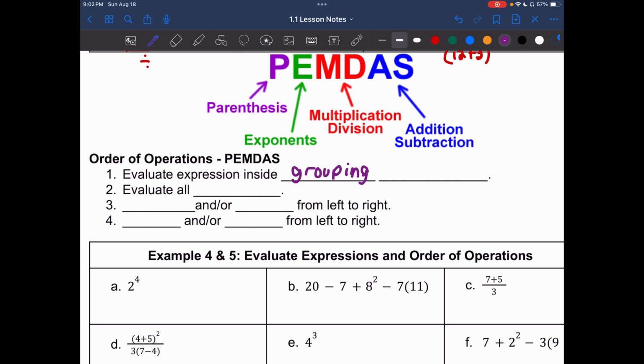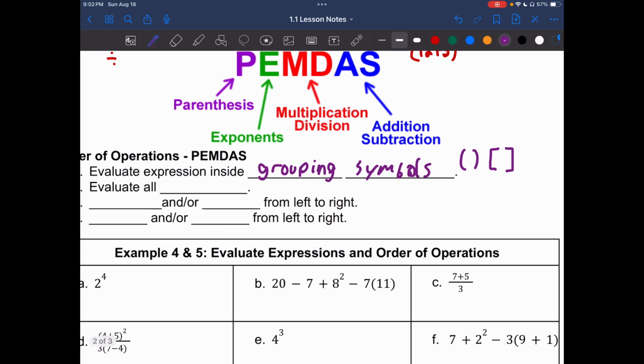And now why do I specifically say grouping symbols and not just say parentheses? Well, because you could have parentheses, you could have brackets as a possibility. You could also have a fraction.